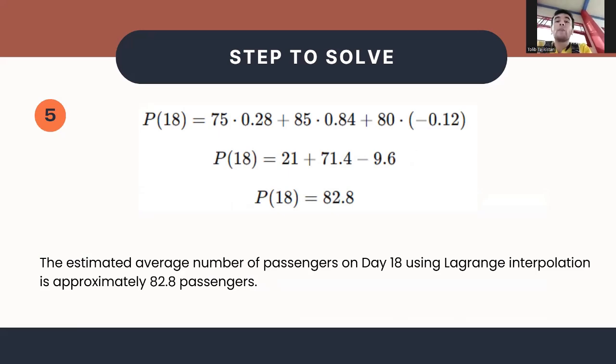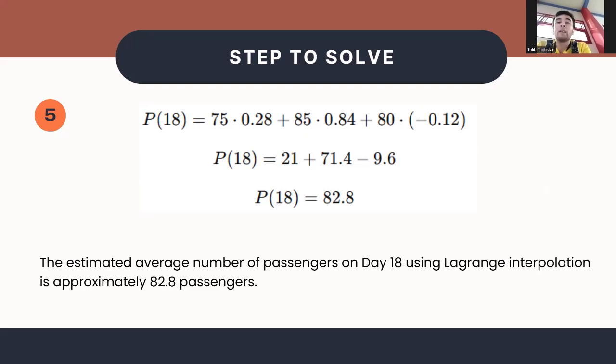So P of 18 is equal to 75 times L1 plus 85 times L2 plus 80 times L3.